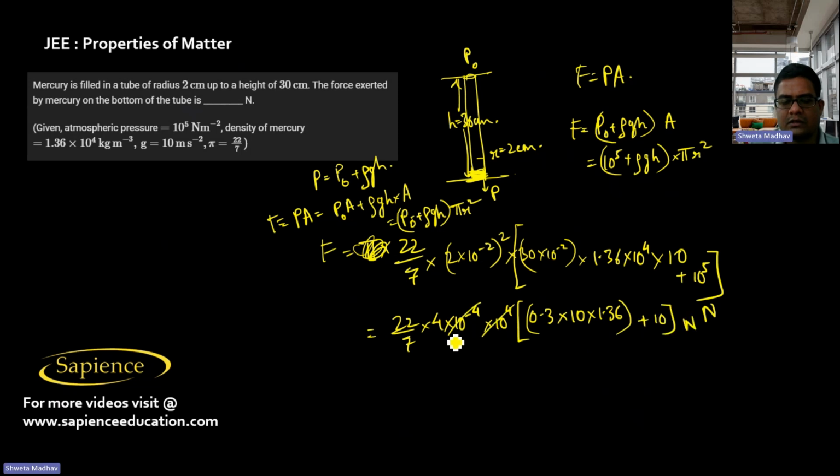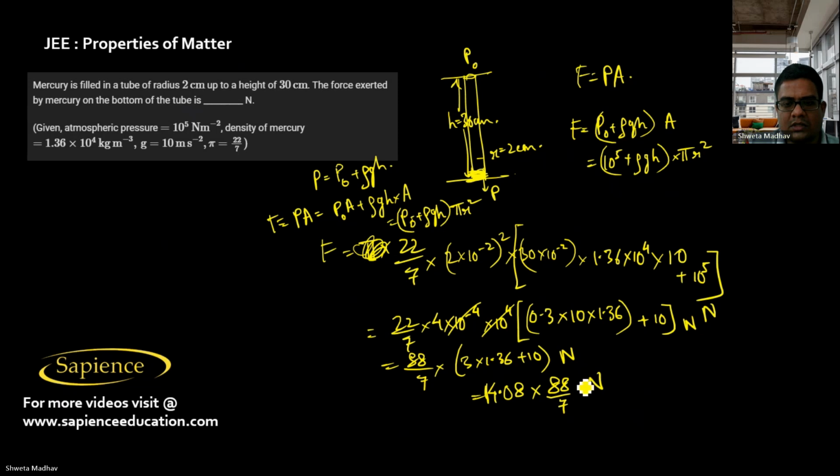So these two will get cancelled, which will be 88 by 7 into 3 into 1.36 plus 10, which is how much? So 3 6 18, 6 is 9 10, 0.08 plus 10, which is 14.08 into 88 by 7.